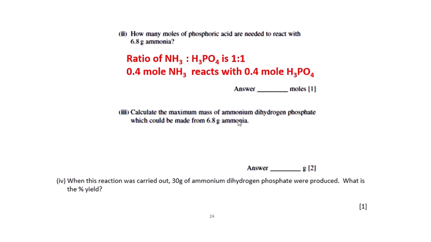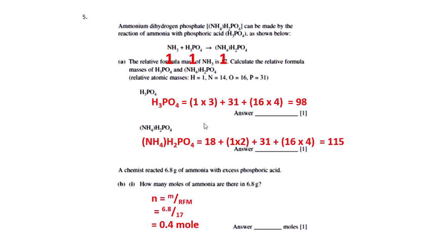And then calculate the maximum mass of ammonium dihydrogen phosphate that could be made from 6.8 grams of ammonia. Now, if we go back to the equation, you remember our ratio was whatever ammonia you have, and it worked out here it was 0.4 mole, you make the same amount of this. So the answer is going to be 0.4 mole of this is made.